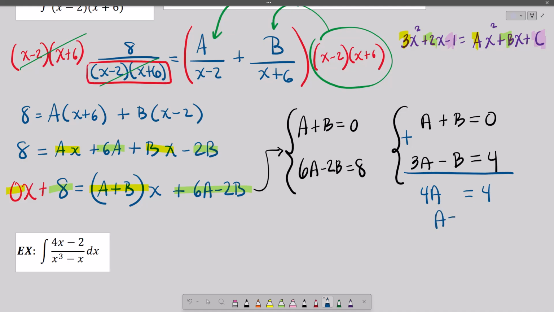So this tells us that a is 1. And then we plug it back into either equation, and we plug a equals 1 in there, subtract it over, so we get b is -1. You can plug your a into either equation. Doesn't matter.